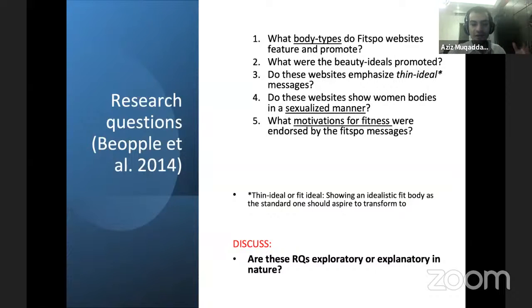If you're talking about causes or effects, then it's explanatory. If you remember, two things: how and why are they related? But if it's just showing here's how it's being done, then it's exploratory.